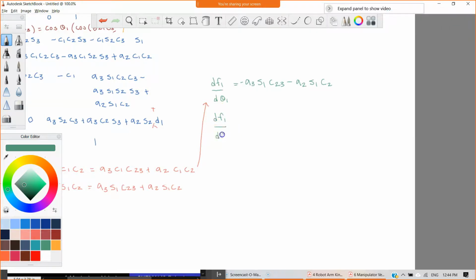df1 d theta 2 now is, again, it becomes minus a3.